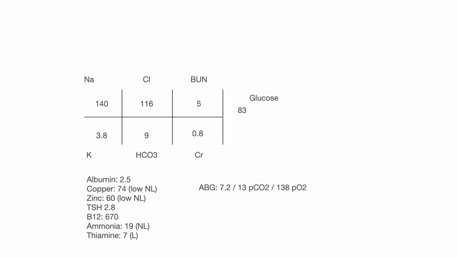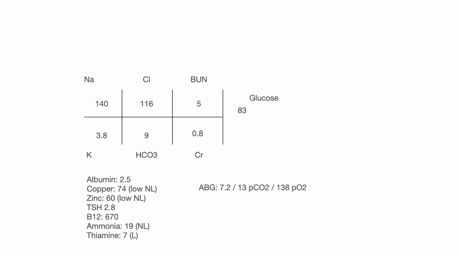Her glucose is 83. Her albumin's 2.3. Her copper is low normal at 74. Her zinc is low normal at 60. Her TSH is normal at 2.8. Her vitamin B12 is totally normal at 670. Her ammonia is 19, which is normal, and her thiamine is 7, which is a little bit low.